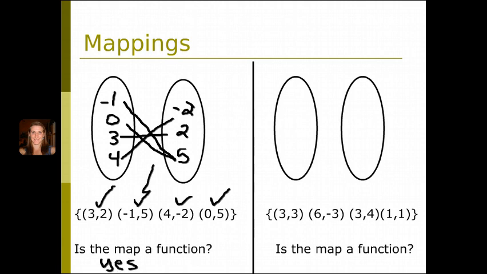In our second example, we need to arrange our x values. So we've got 1, we've got 3 that shows up twice, but we're only going to write it once. And then 6, so 1, 3, 6. For our y values, we should have -3, 1, 3, and 4.